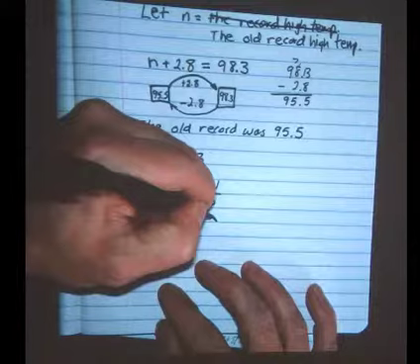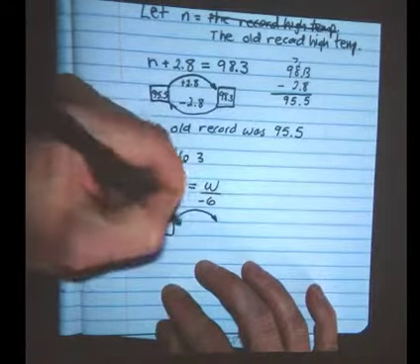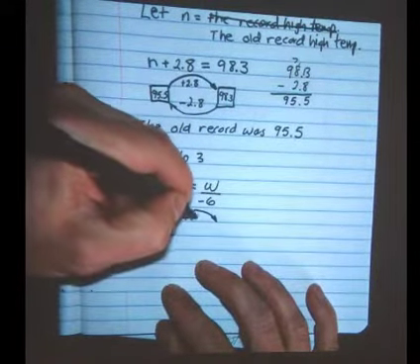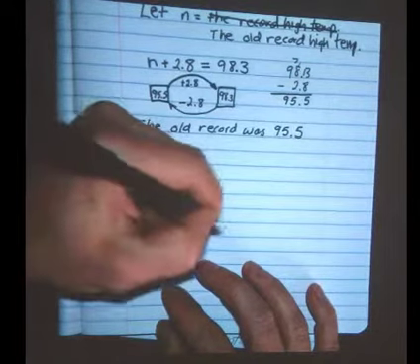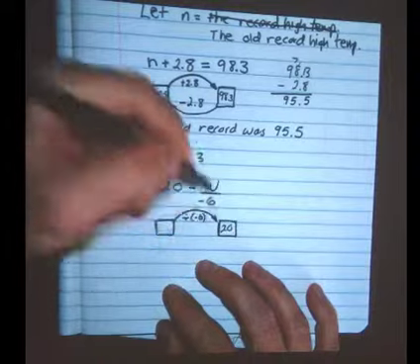We can't just go left to right. We have to look and see what happened to the mystery number. In this case, it's W. See if you can see what happened to it. It was divided by -6. And it became 20.